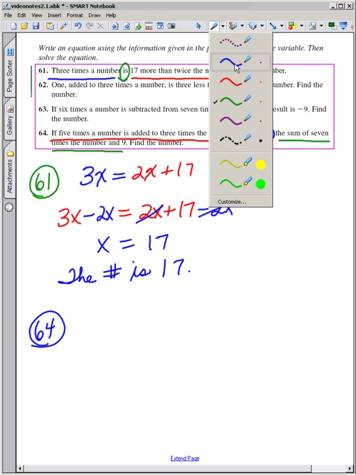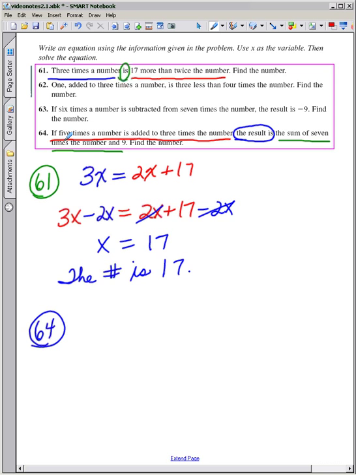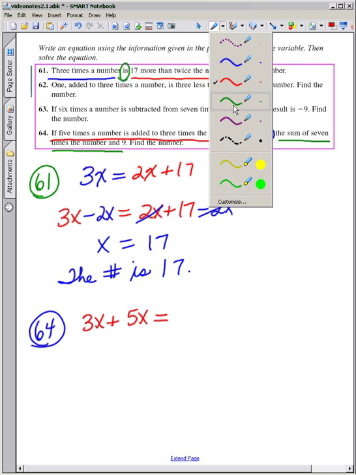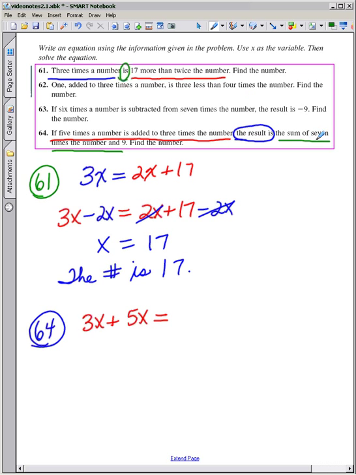So interpreting the left, 5 times the number is added to 3 times the number. So here's 3 times the number, and we're adding to that 5 times the number. The order of those doesn't matter because addition is commutative. The result is, there's our equal sign. Now we need to interpret the sum of 7 times the number and 9.